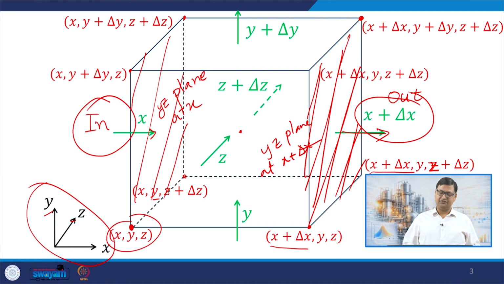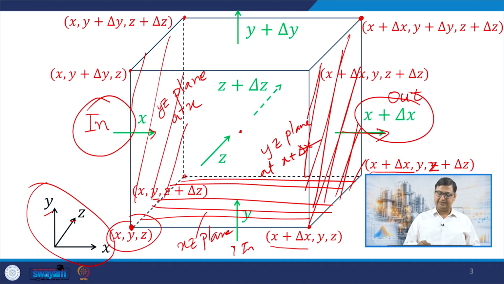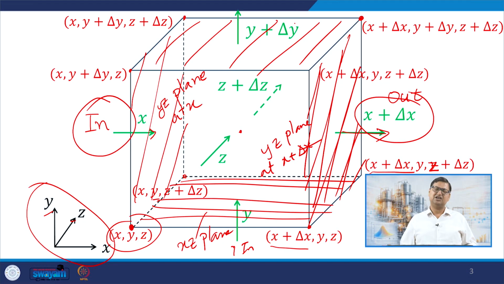Similarly, we can also define the planes in the xz plane, right. So, we have an xz plane at y, which can again be my input, and then the xz plane at y plus delta y becomes my output.